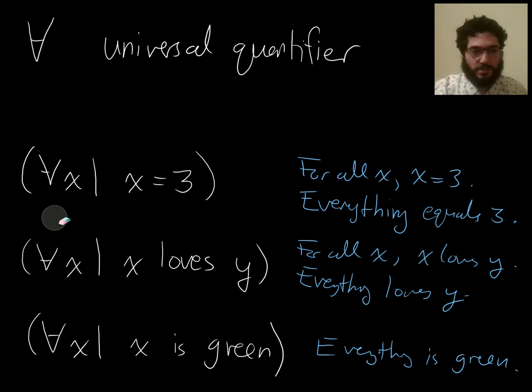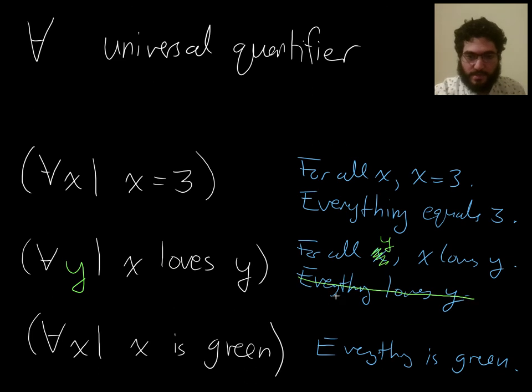Now what if I change the quantified variable? What if I make this for all y, x loves y? Then it's easy to make the fix. I would just put a y here. For all y, x loves y. But instead of saying everything loves y, this now says, see if you can guess.